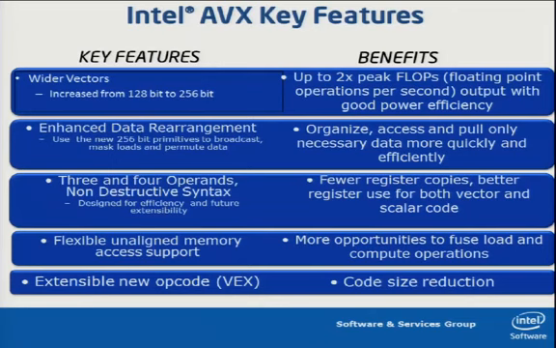So the code will be much more compact with AVX. And there's also very flexible unaligned memory access support for AVX, and extensible new opcode means we can do a lot more AVX commands in this subspace of the instruction set.